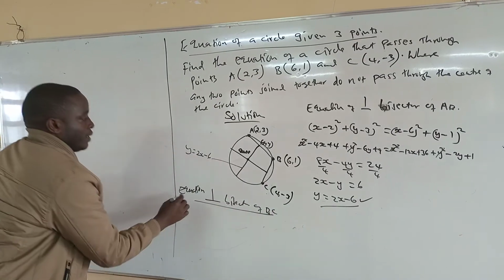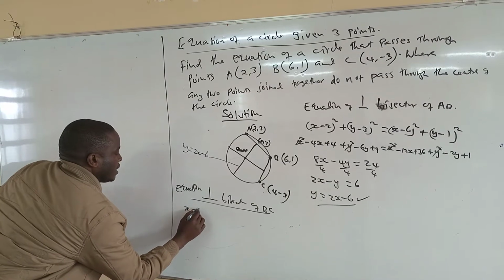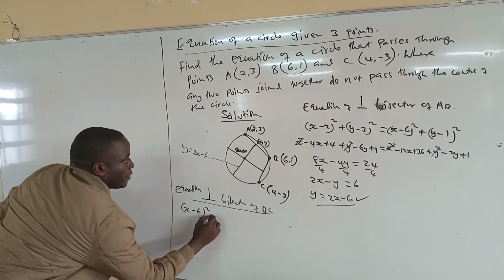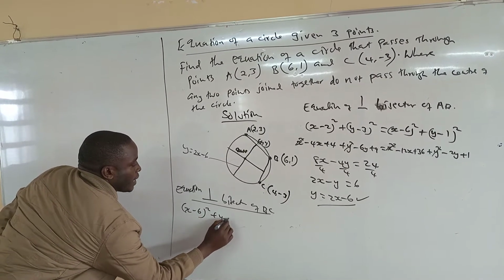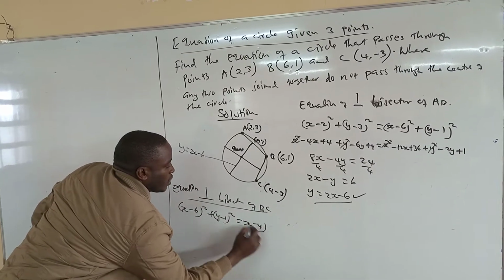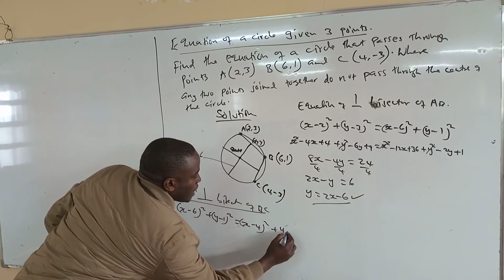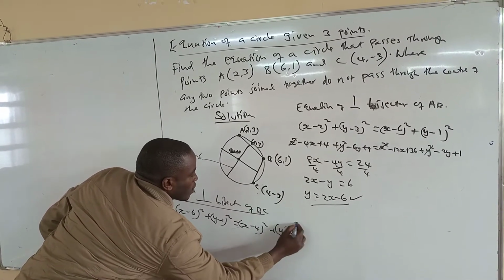To get that, you start with (x - 6) squared plus (y - 1) squared equal to (x - 4) squared plus (y + 3) squared.